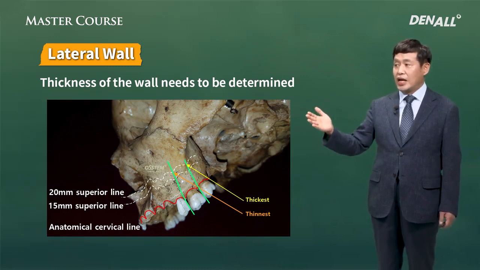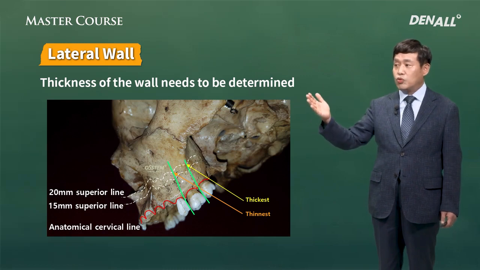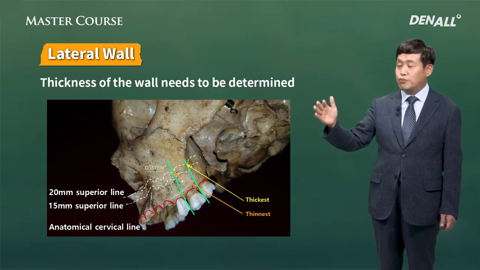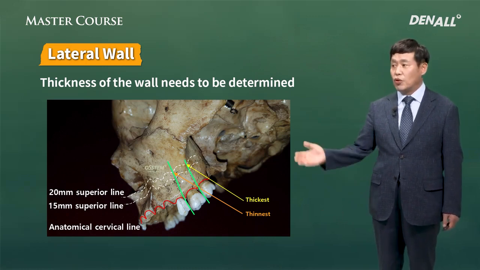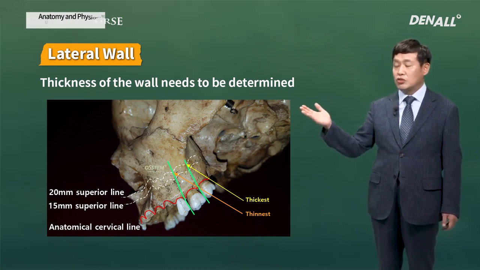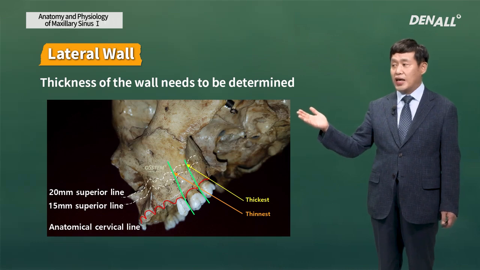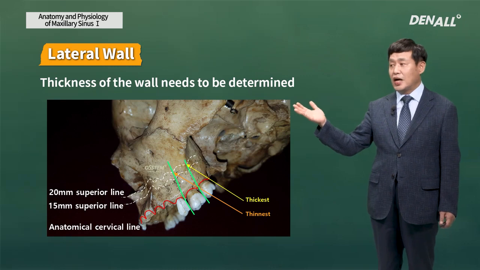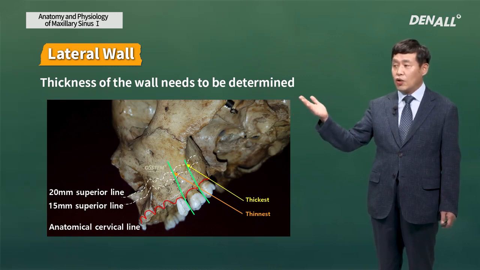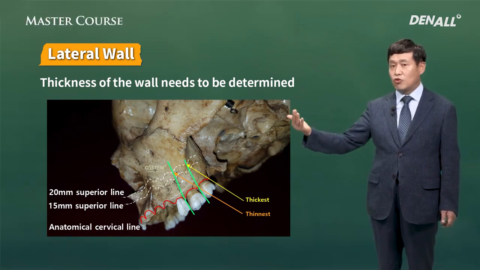The lateral window can be easily made in the mesial of the first and second molars. Between the second premolar and the first molar, if the second molar is missing, if number 7 is missing, it is distal to the zygomatic buttress.